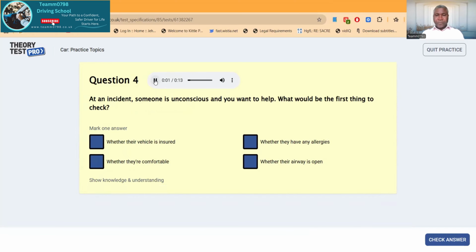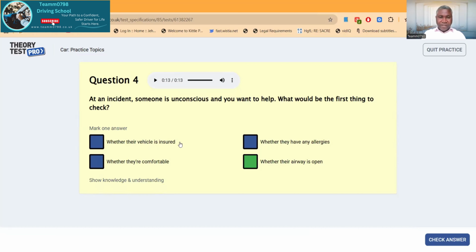At an incident, someone is unconscious and you want to help. What would be the first thing to check? Whether their vehicle is insured, whether they have any allergies, whether they're comfortable, whether their airway is open. The first thing you need to check is whether they are breathing, in other words, whether their airway is open.